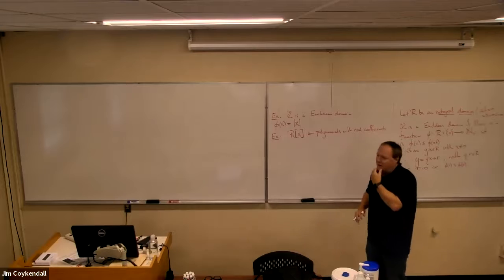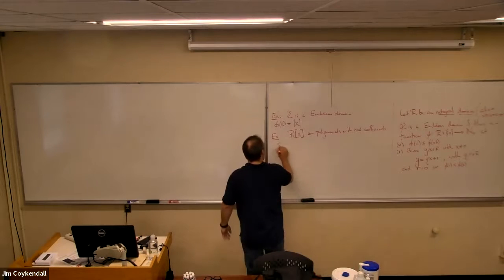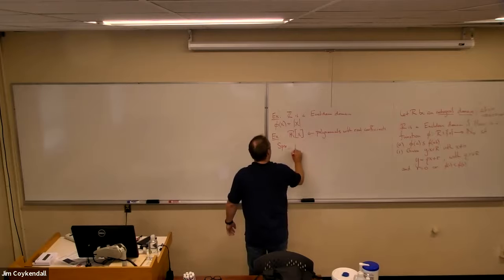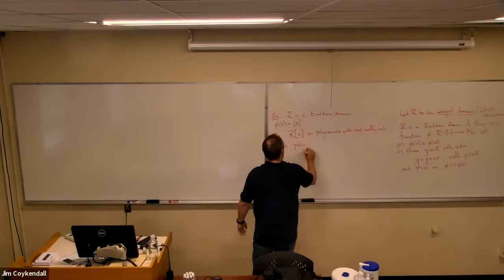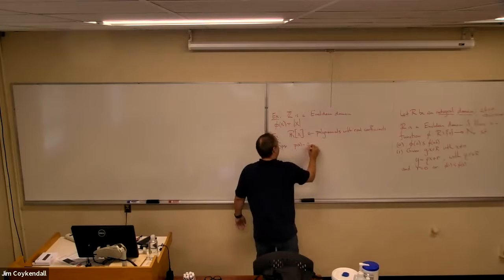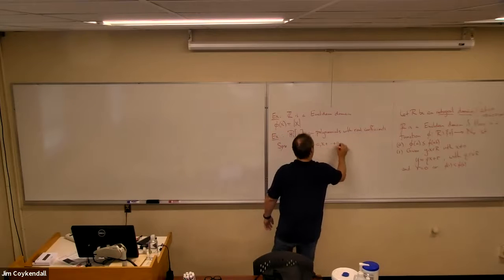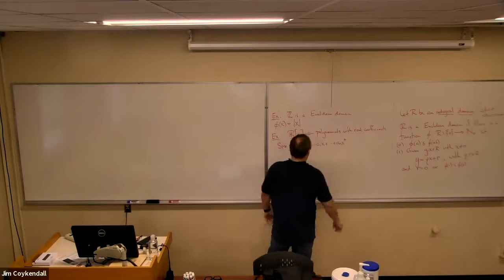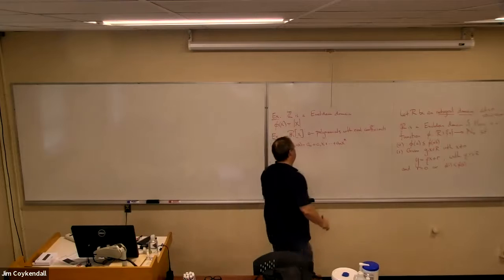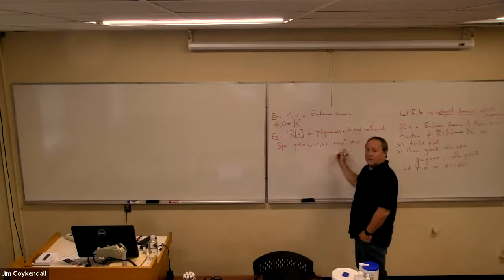Anybody know what the Euclidean function is here? So let's suppose p of x is a typical polynomial. Let's suppose this polynomial is not zero, so at least one of these coefficients is not zero.